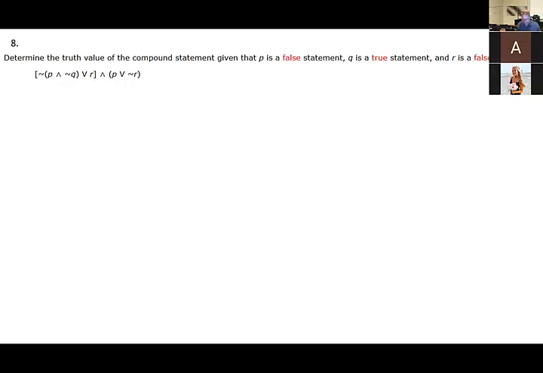But here, they're giving you what P is and Q is and R is, so they're actually telling you to only do 1 row of the truth table. So that's a good thing. Instead of having to produce 8 rows and do the whole truth table, you only have to do the row where P is false, Q is true, and R is false.